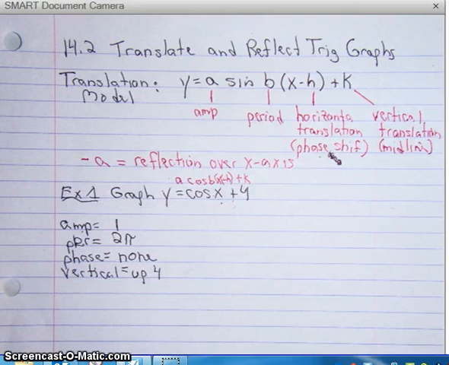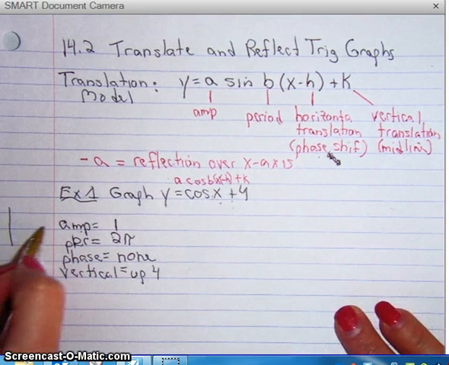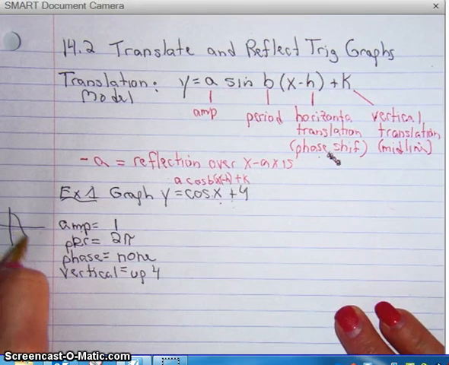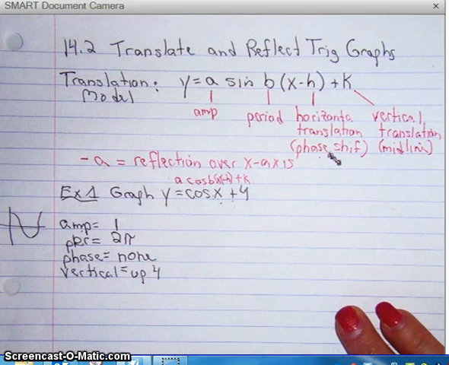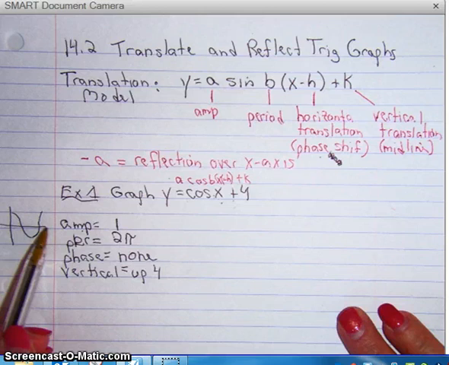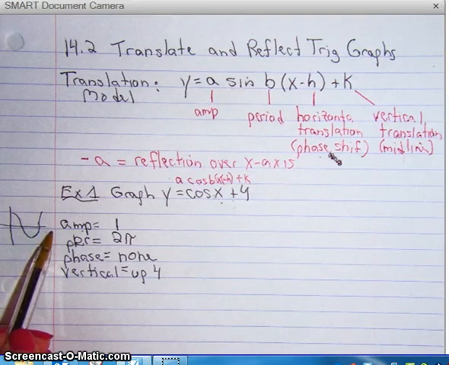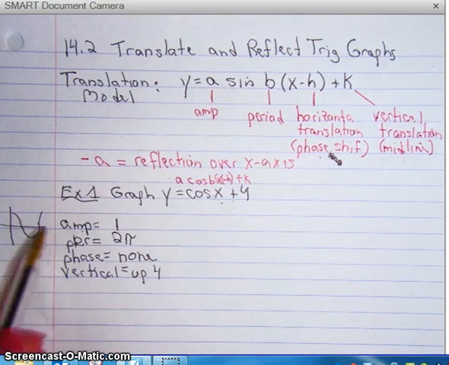Okay. Now, if you think of your basic cosine curve, it looks like this, right? Oops, I should have gone down a little further. The x-axis is called the midline now. And because we have a vertical shift, we're going to shift that x-axis up 4 units on our xy coordinate plane, okay?